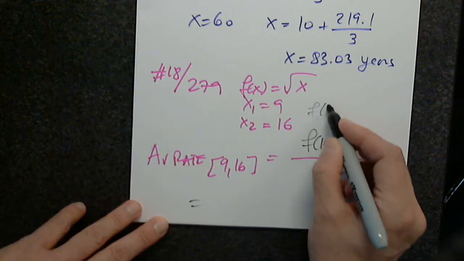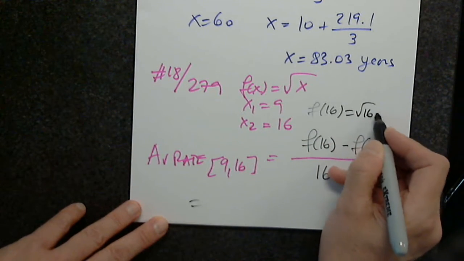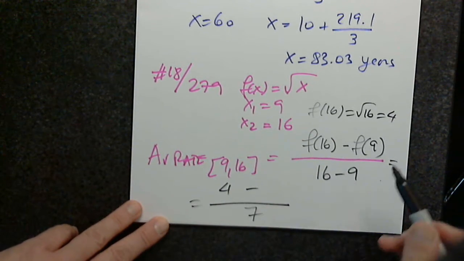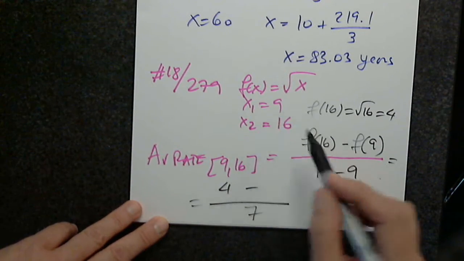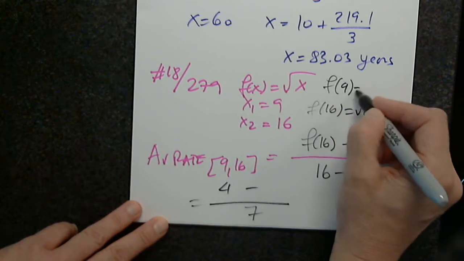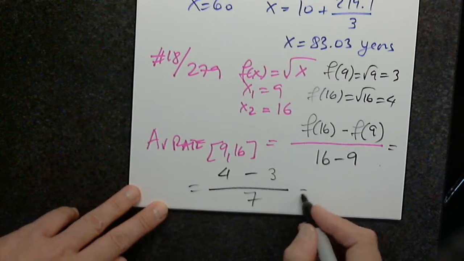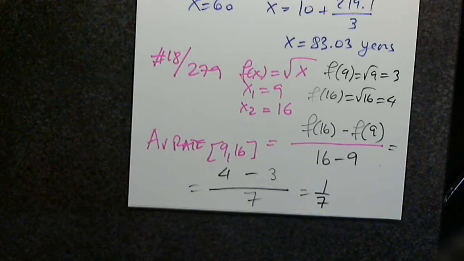F of 16 is the square root of 16, which is 4 indeed, minus f of 9, which is 3. f of 9 is the square root of 9, which is 3. So the numerator is 1 and the denominator is 7. In this situation, there is no measurement unit. It's all abstract.